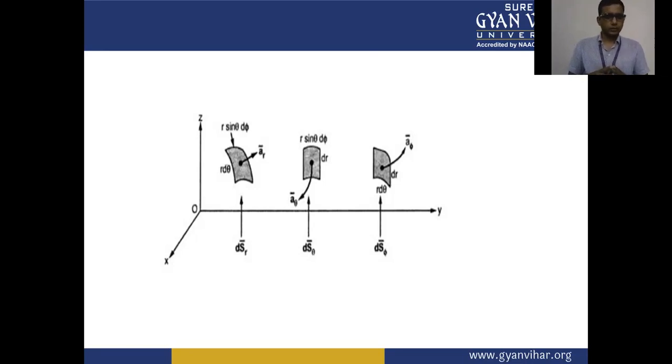Second, in the case of the normal vector theta, we have the value of dS_theta equal to dr times r sine theta d phi. In the case of the phi direction normal vector, the differential area is r d theta dr.